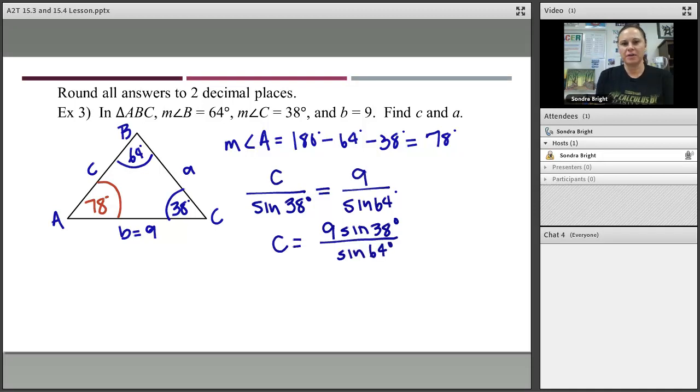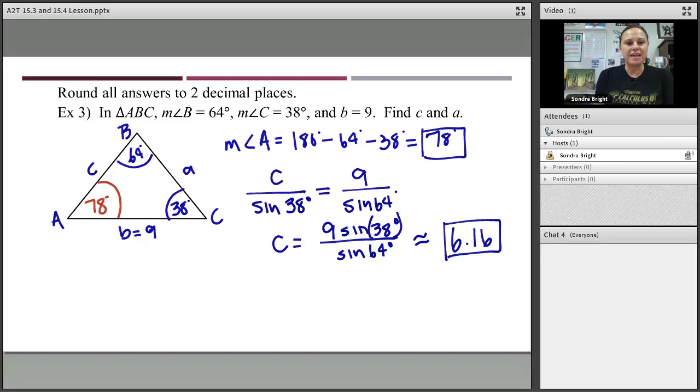And we're going to round to 2 decimal places, and so I get side C is 6.16. You should get that. Remember, your calculator is going to start a parenthesis after the word sine. You need to end it and then hit the divided by symbol. Otherwise, you won't get the same answer that I did.